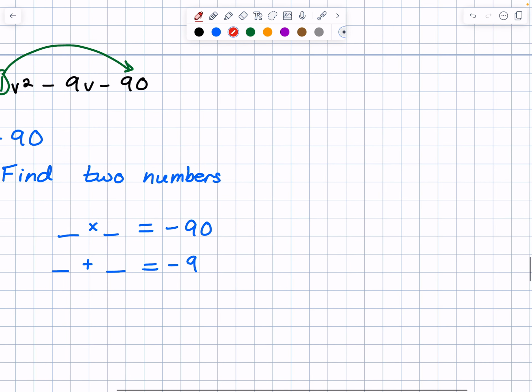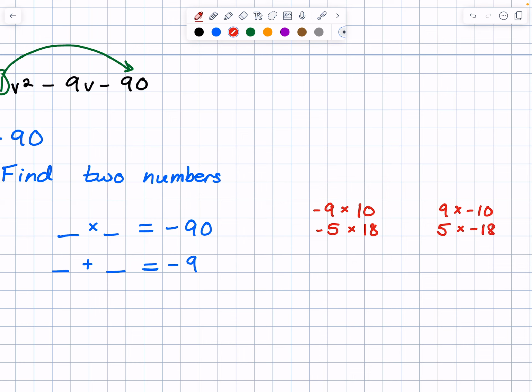Again, you might just want to make a list of things that multiply to be negative 90. So like negative 9 and positive 10, or maybe 9 and negative 10. Well, those don't add to be negative 9, so we try again. You might say, well, what about negative 5 times 18, and over here 5 times negative 18.